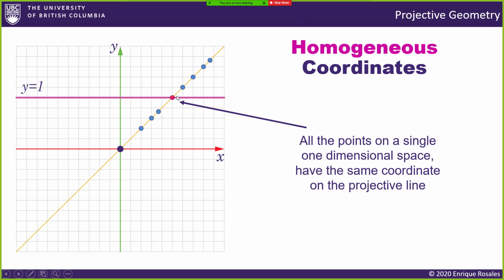So imagine that what we are doing here is not just computing the intersection between a line and another line. What we are doing by computing this point here is like taking the entire space, the entire subspace that is represented by this line.